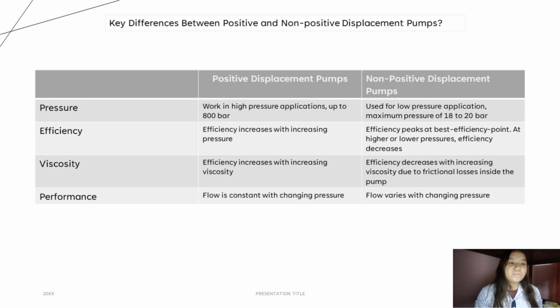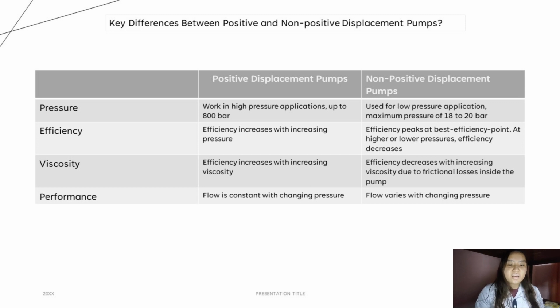And non-positive displacement pumps are used for low pressure applications, with a maximum pressure of 18 to 20 bar. For efficiency, in positive displacement pumps, the efficiency increases with increasing pressure. And for non-positive displacement pumps, efficiency peaks at the best efficiency point, and at higher or lower pressure, efficiency decreases.